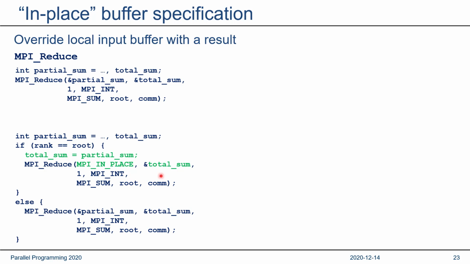What happens here is that the local result is not taken from some other variable like partial sum up here, but already from the target variable, total sum. Of course, this only makes sense for the root process. Everybody else needs its partial sums, so here we have the normal way of calling the reduce function.